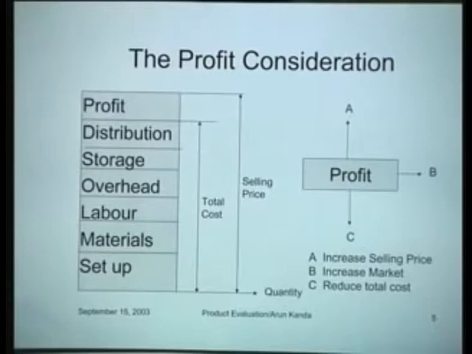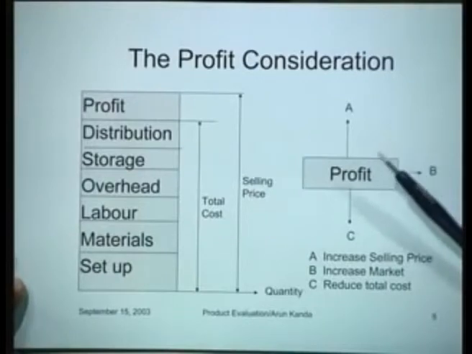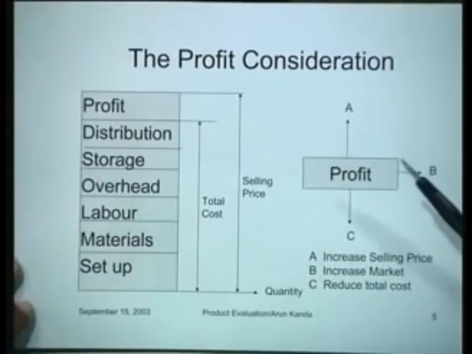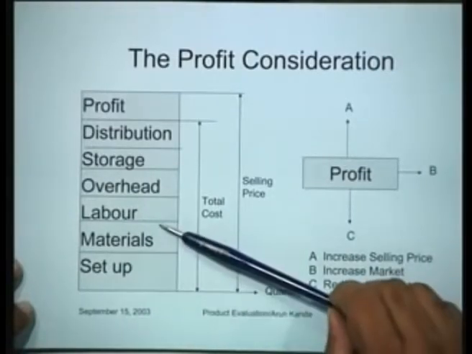Now, if we come to the topic of annual costs within a project, typically what happens in the profit consideration for any company is that costs are typically built up of a number of layers.